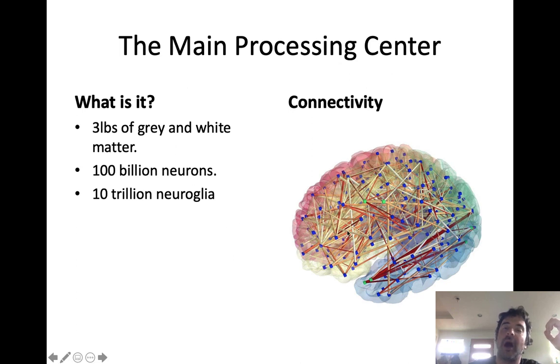One of the things I want to highlight about the brain, and we're going to be talking just briefly about this, is the idea of connectivity. Connectivity is a way of stating that essentially every part of the brain is connected to every other part of the brain in some way, shape, or form. So there are relationships within the brain that don't seem intuitive, but you have to think that connectivity is the rule rather than the exception.